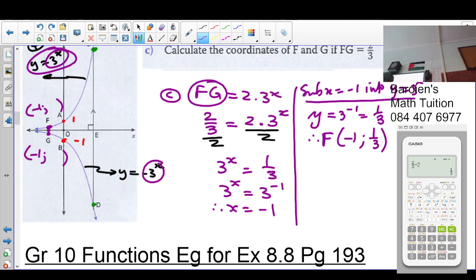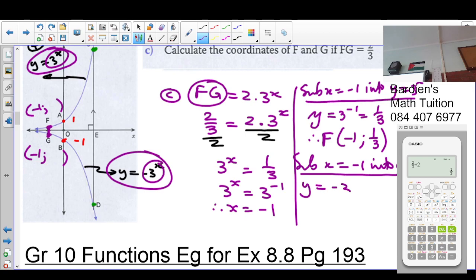So how do we get the coordinates of G? Substitute x is equal to negative 1 into y is equal to negative 3 to the x. Now what?